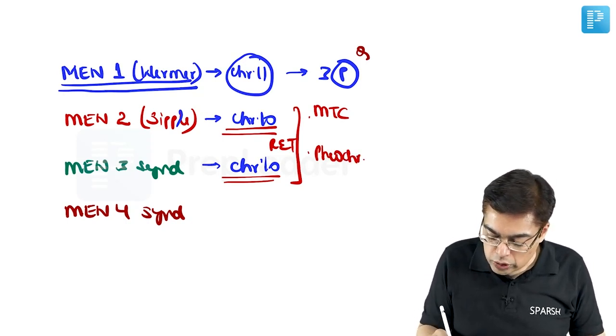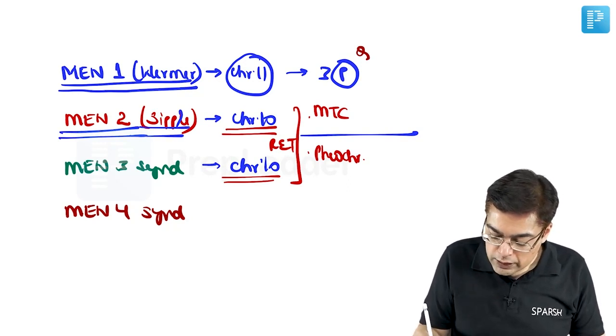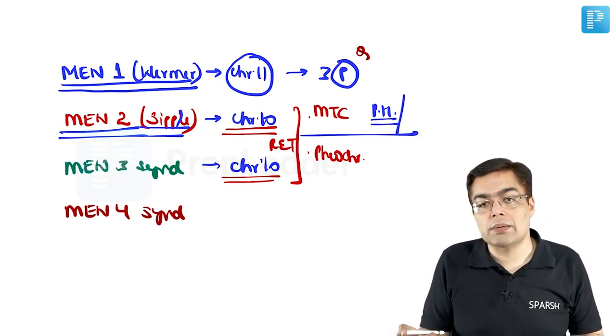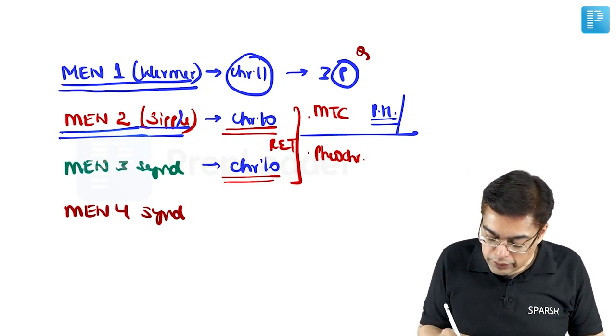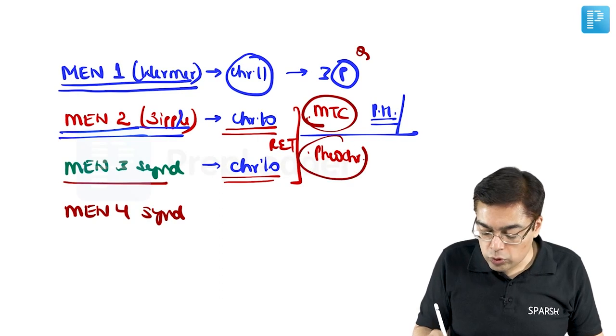However, a question in the exam talking about the MEN2 syndrome or the Sippel syndrome is going to be making a mention of something like the parathyroid hyperplasia that can be seen in case of these individuals, and it can be talking about the presence of certain cutaneous amyloidosis. On the other hand, when we are making a mention of the MEN3 syndrome, there is going to be medullary thyroid cancer, there is going to be pheochromocytoma.